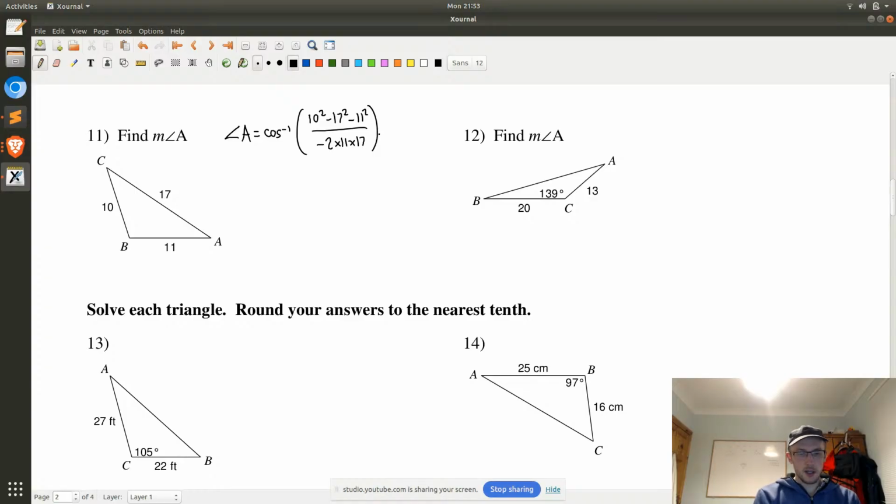Arc cosine of 100 take 289 take 121 all over now negative 2 times 11 times 17. And we get 34 degrees.